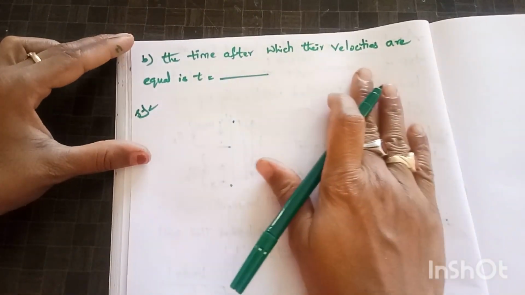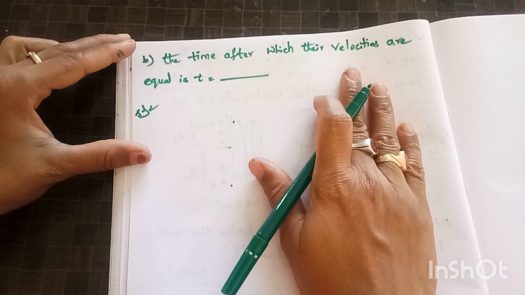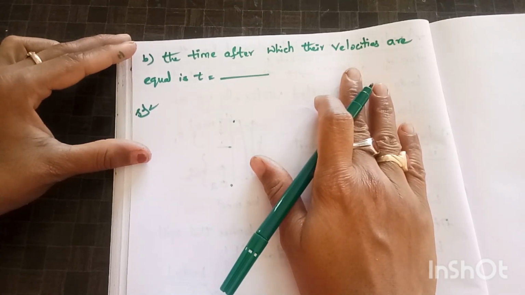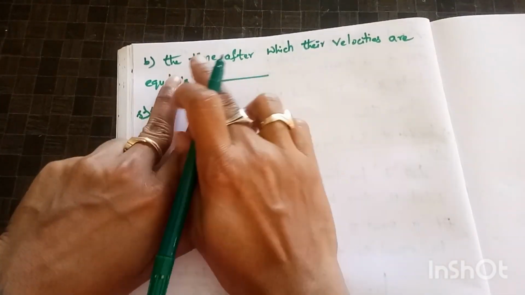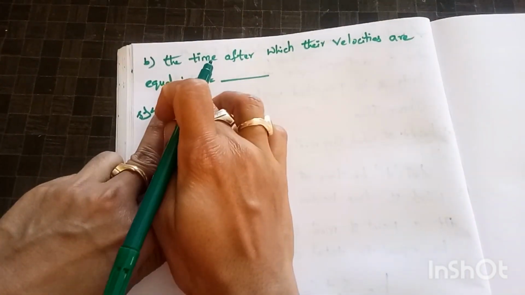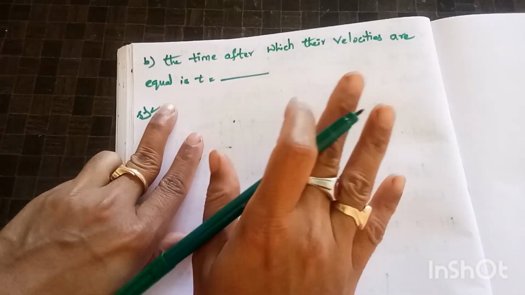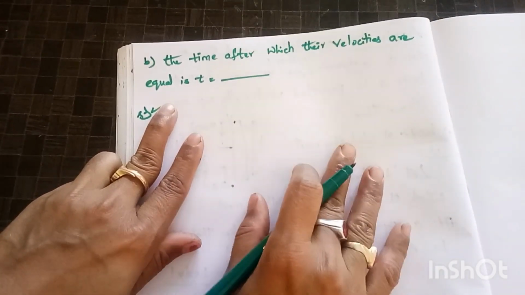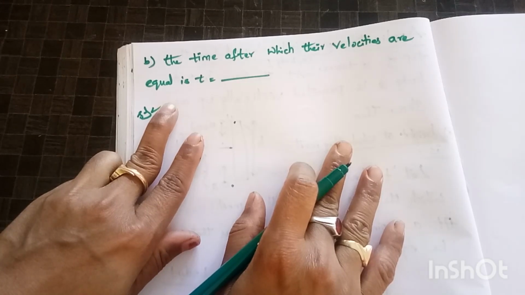Now what they are saying: a body 1 is released from the top of the tower, and at the same time body 2 is projected vertically upward. Based on that concept, they ask to find the time after which their velocities are equal.